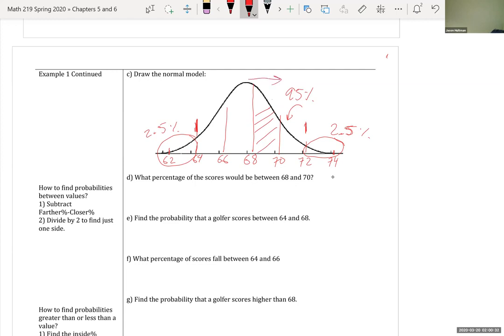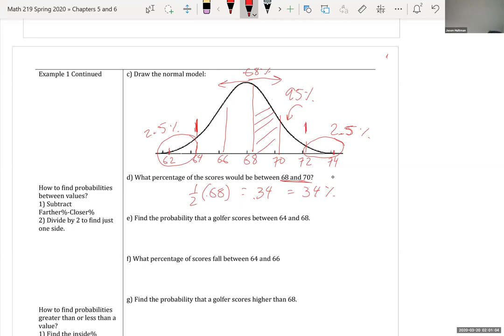Within one standard deviation is 68%. I just want this half. So half of 68% is 34%. So 34% would be between 68 and 70, because we knew that both sides create 68%, so one side is 34%.